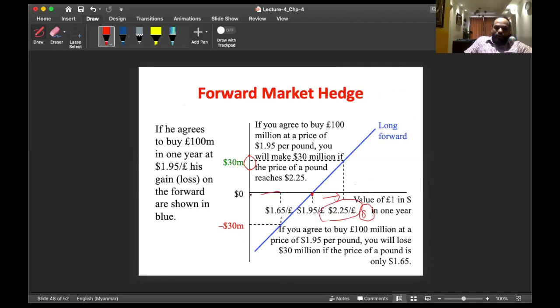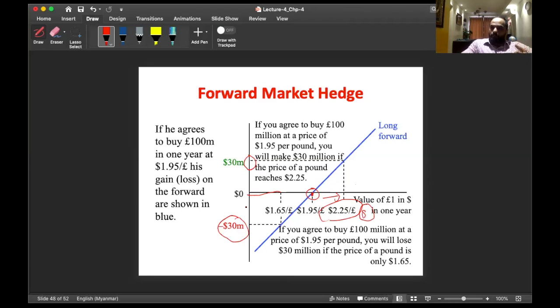Spot price goes down, you will make a loss because you are paying this price. So this is the example to understand the benefits of having a hedge. But again, hedging is not always profitable. If it is profitable for one party, for the other party it means a loss.